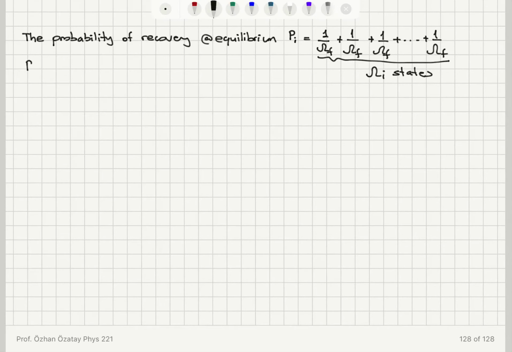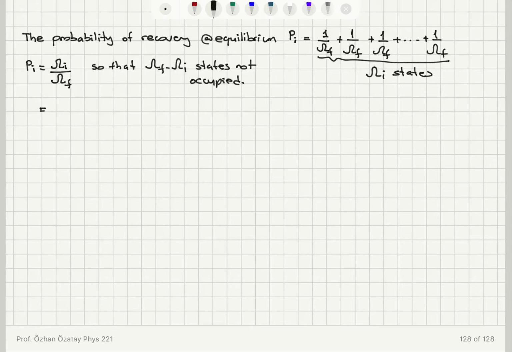So the probability of recovery is omega initial divided by omega final, while omega final minus omega initial states are not occupied. That is basically going back to the initial condition. What is this probability?